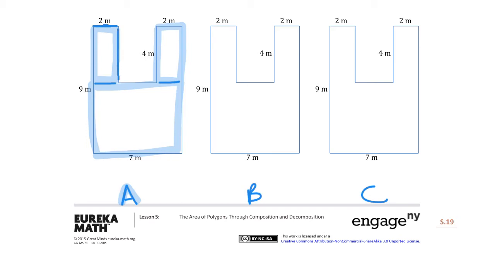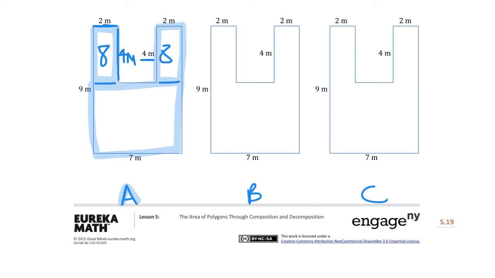I need to know this one. It's not labeled, but I can look over here and I can see that it's going to be 4. So this is also 4 meters. So that particular rectangle is 2 times 4, which is 8 meters squared. Now the other one is identical to it, so it is 8 meters squared.